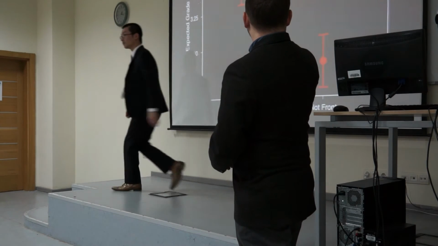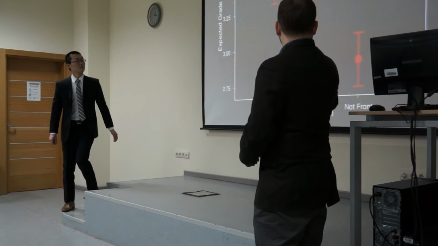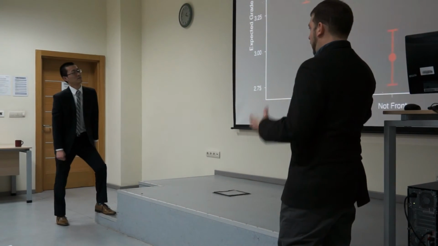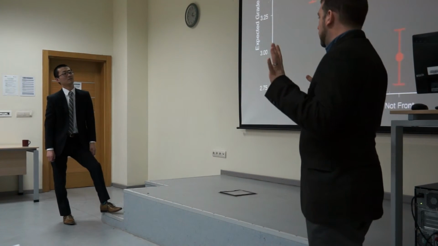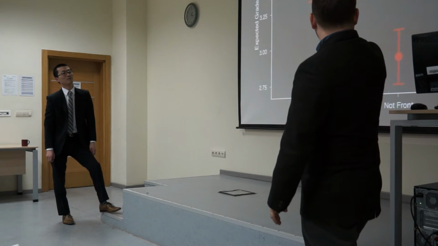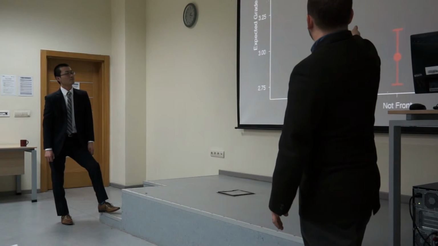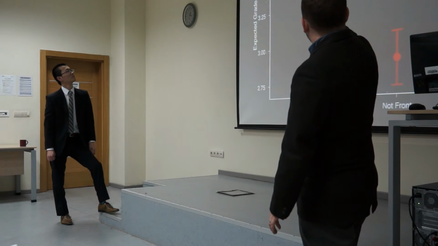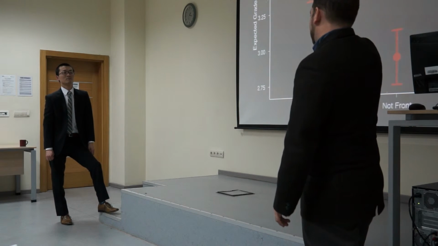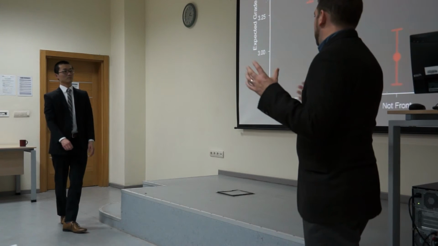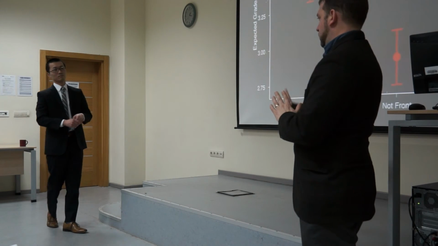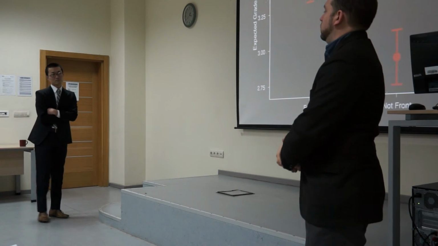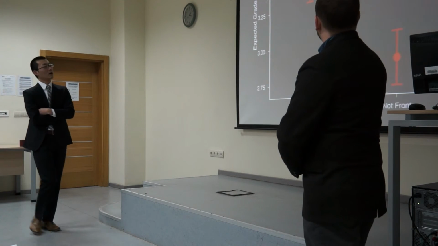If we look at this range, what you're saying is that for people in the back, the actual average, if you look at all classrooms, could be as low as 2.75 or as high as a little bit above 3. And the other group has a similar range. Yeah.